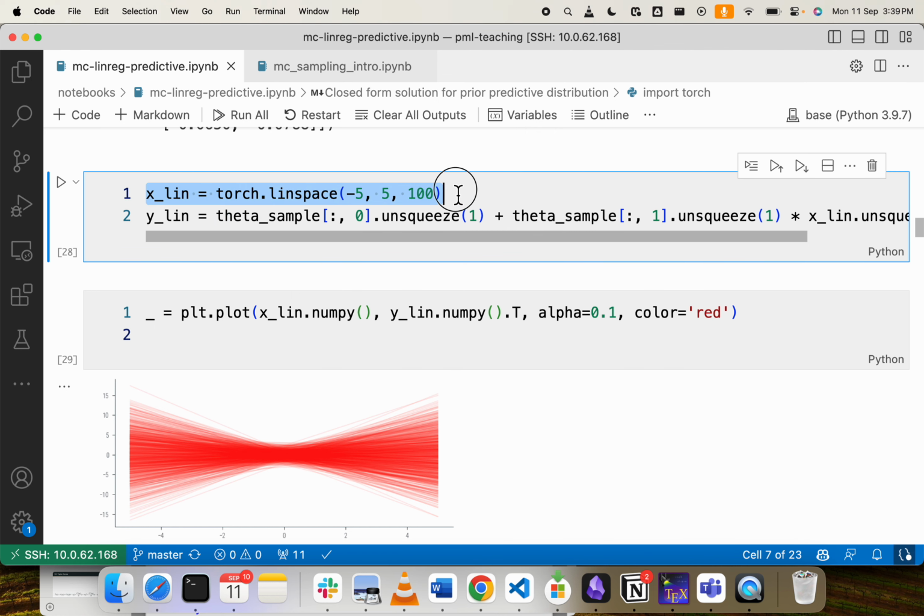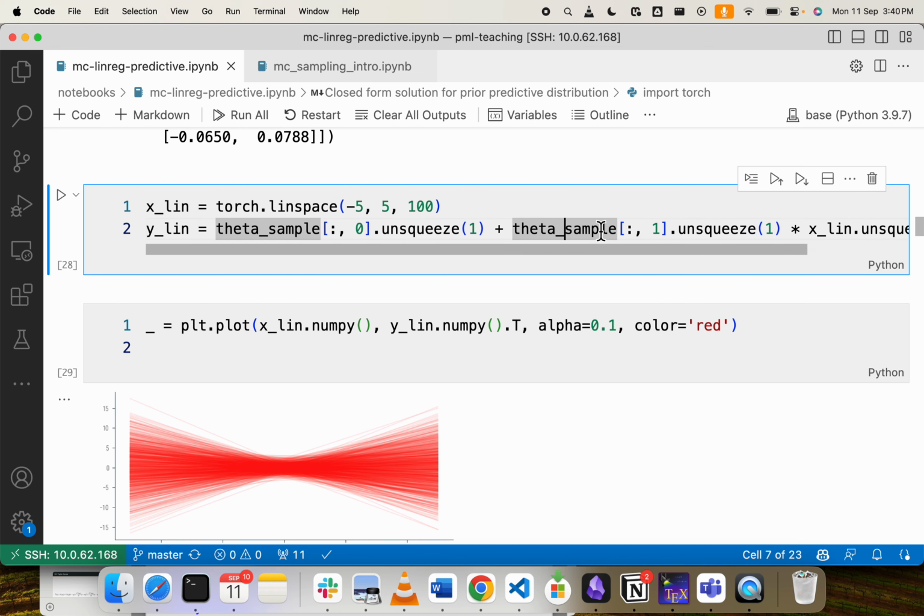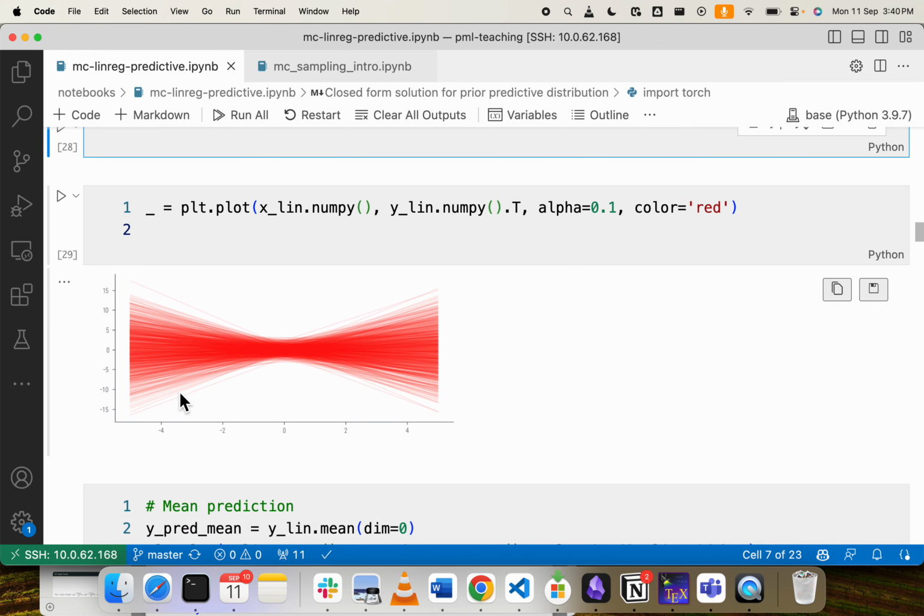And this is essentially doing what I had mentioned. For different values of x, I plug in the sample theta naught plus theta 1 into x. Corresponding to that, I get a different y linear. So I get a different line, and if I plot all of these lines, these are the different possible y value functions that I can generate, given that I have not observed the data.